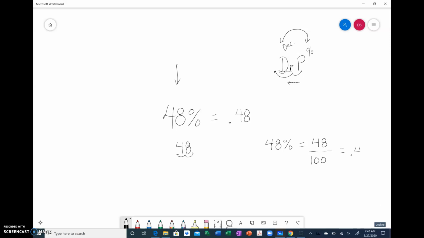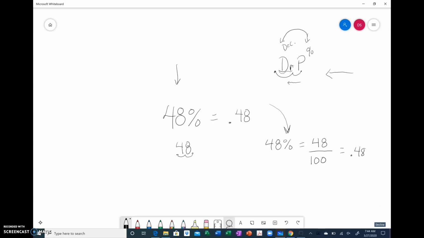It would be 48 hundredths, or 0.48. So if you don't like the Dr. Pepper method, if that's confusing, the R throws you off, just know that the mathematical way to get there you've already learned in a previous lesson. You just need to convert it to a fraction in hundredths place and then change that to a decimal.